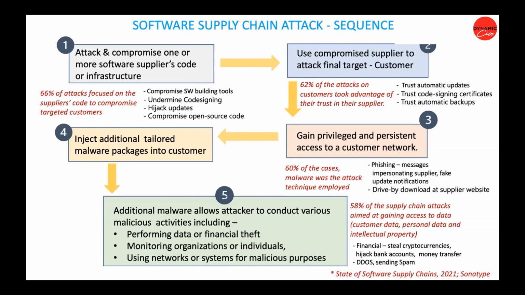The financial attacks are stealing cryptocurrencies, hijacking bank accounts, money transfers, and using networks and systems for conducting global DDoS attacks or sending spam. Now, this is where the software supply chain attack sequence is.